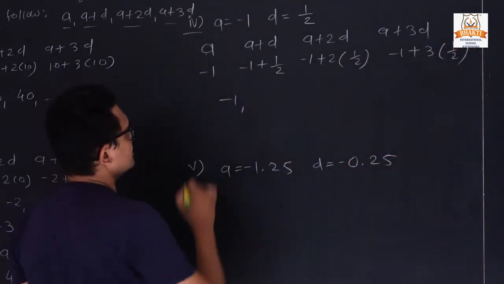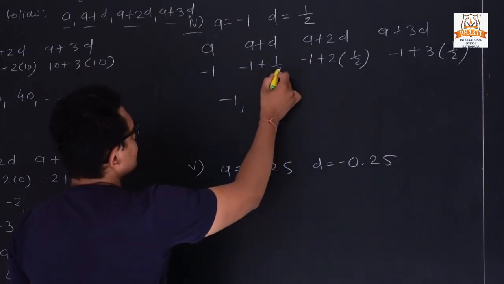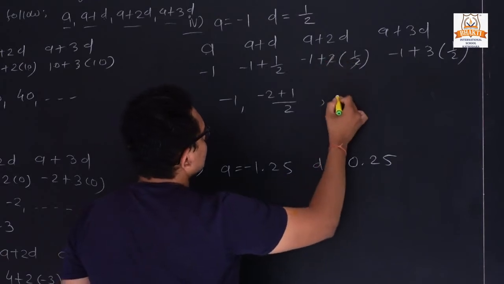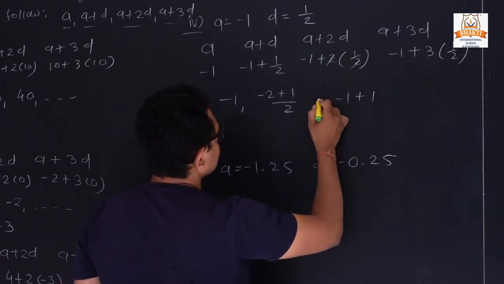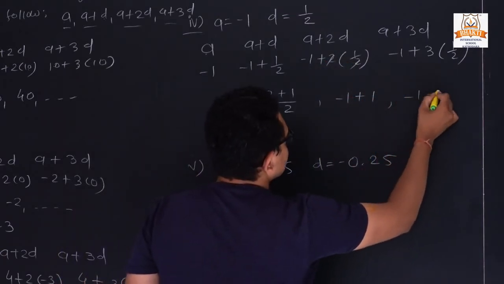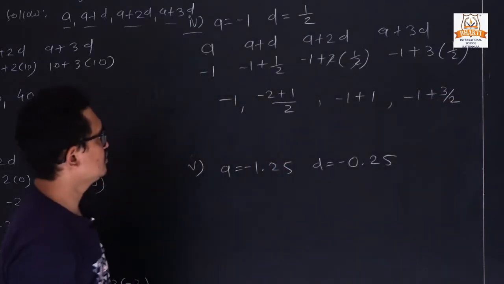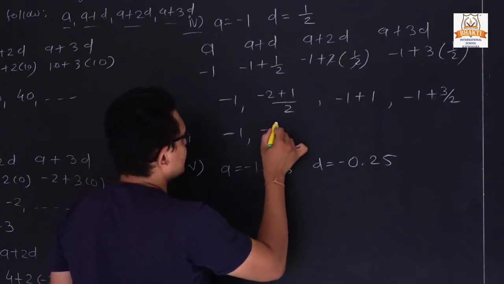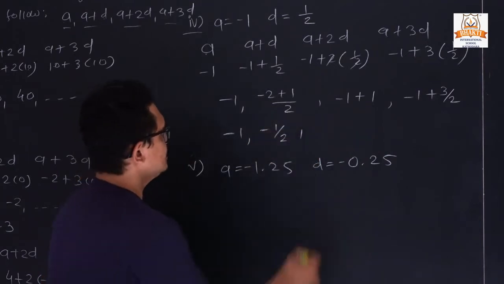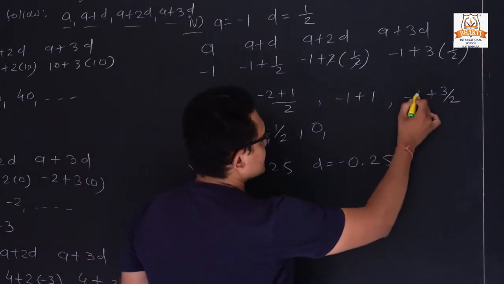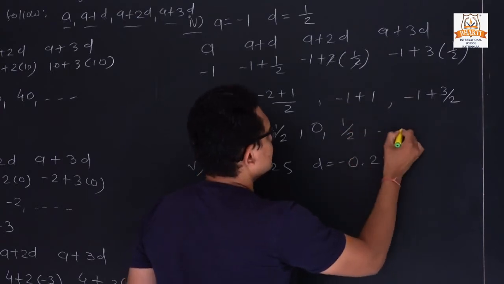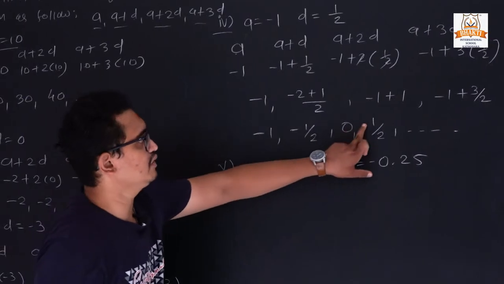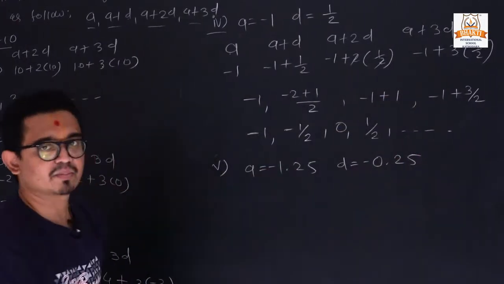So first term minus 1, then 2 is our LCM, so minus 2 plus 1 divided by 2, then minus 1 plus 1, next minus 1 plus 3 by 2. Now what is our series? Minus 1, then minus 1 by 2, then 0, then plus 1 by 2. So the series is like that: minus 1, minus 1 by 2, 0, 1 by 2, and so on.